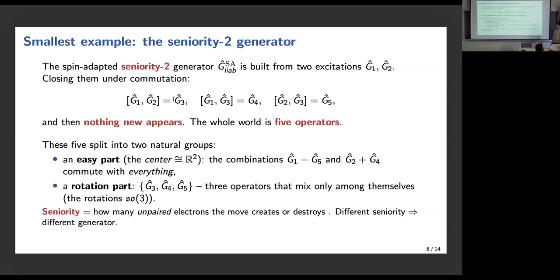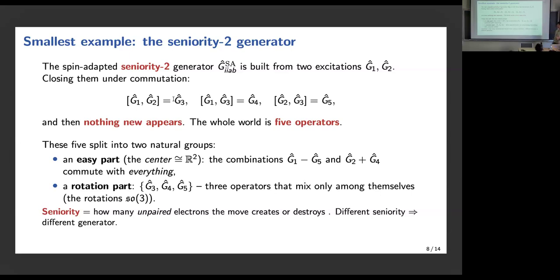Well, it does, because now the first thing that you would do is split the operators in this pool into 2 main parts. One part is very easy to implement, and that's basically the center of the Lie algebra. So the part that commutes with all of the operators in the Lie algebra can be separated out. And because it commutes with all of the other operators, the exponential can be separated, and it would lead to no Trotter error. The second part, which I call the hard part, is stuff that does not form a part of the center.